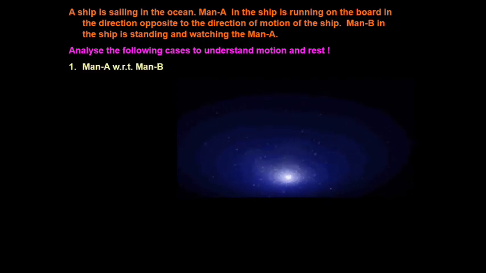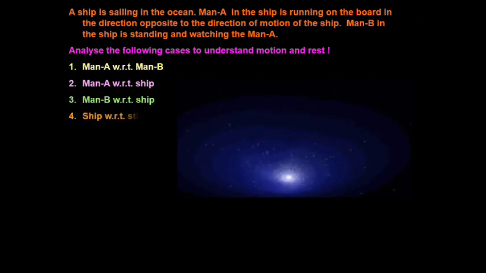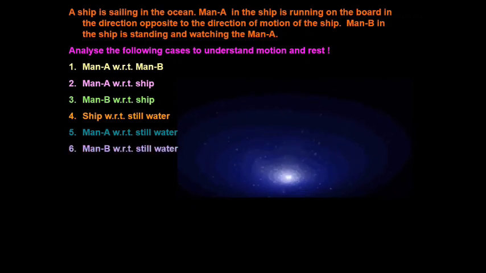So man A with respect to man B. Can you understand whether they are at rest or in motion, man A and man B? Man A with respect to the ship, man B with respect to the ship, the ship with respect to still water, man A with respect to still water, man B with respect to still water, the ocean with respect to the earth.